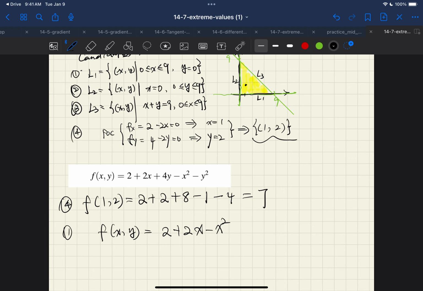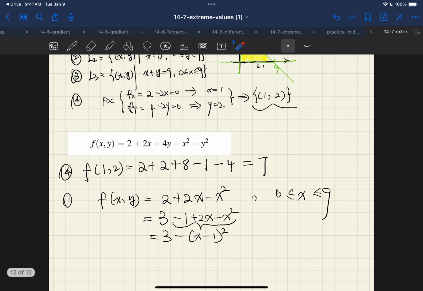And x is between 0 and 9, so we can look at its perfect square case. When I write 3 minus (1 minus 2x plus x squared), from here I can write this as 3 minus (x minus 1) squared.